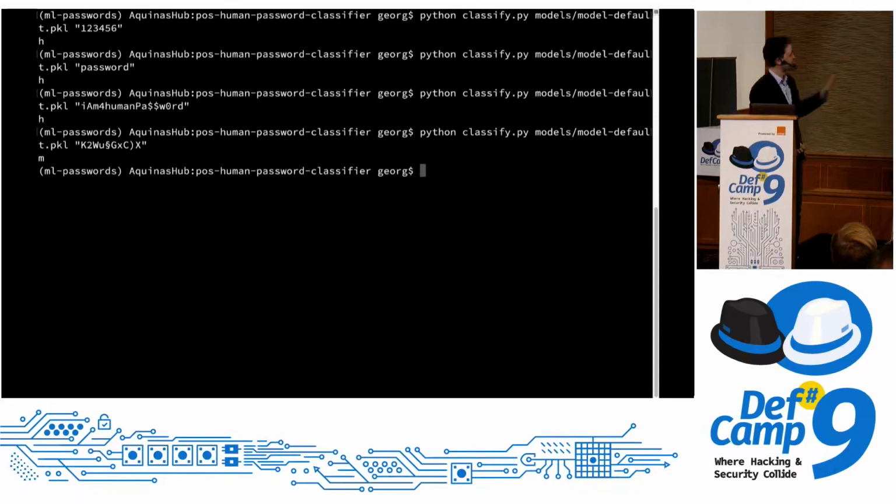Actually, in some cases it is wrong, because I've used the default model here, as you can see. If this was wrong, that could happen, because I've never tried that password before. In this case, if it said human, I'd just switch to the human model, which was trained on the human random passwords, and then it would be right. Almost certainly.